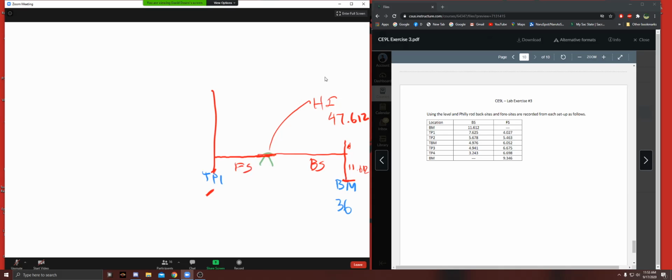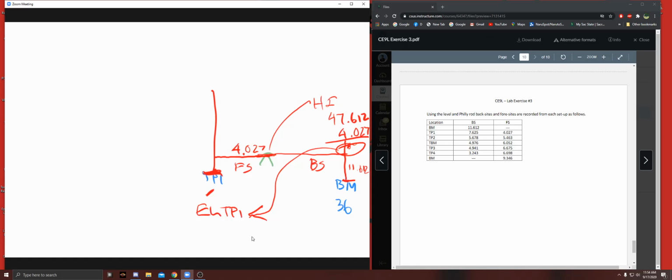That is going to be 4.027. That's the data we're giving you that you're going to measure. Now to get the elevation at turning point 1, you take 47.612 and subtract 4.027. And whatever that result is, that's your elevation at turning point 1.